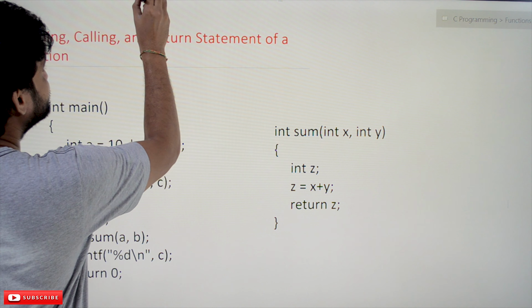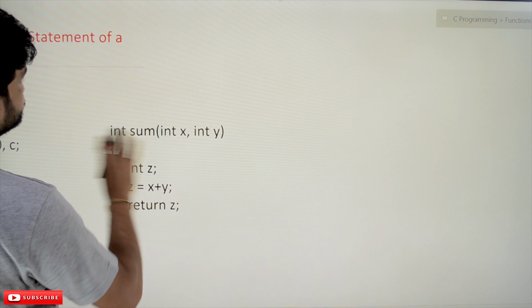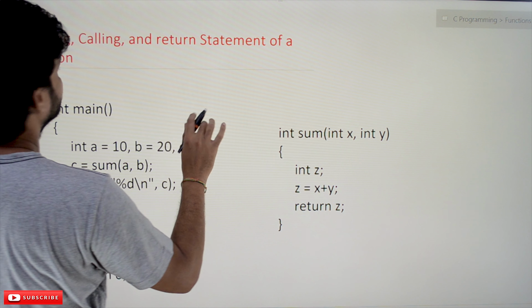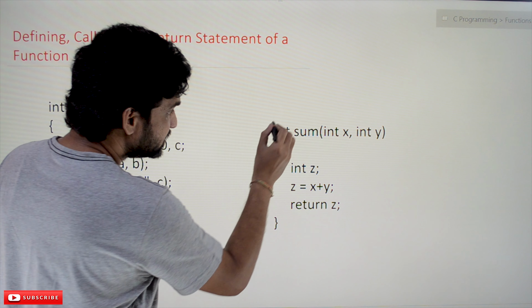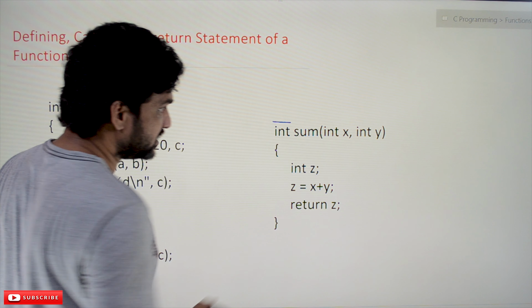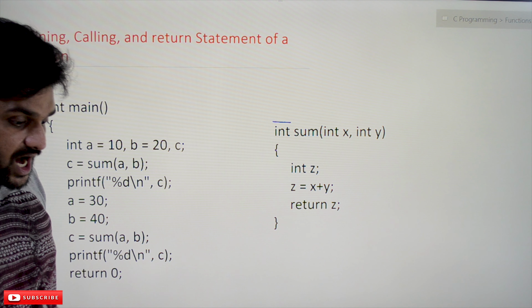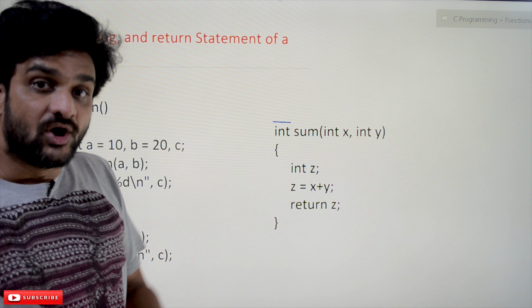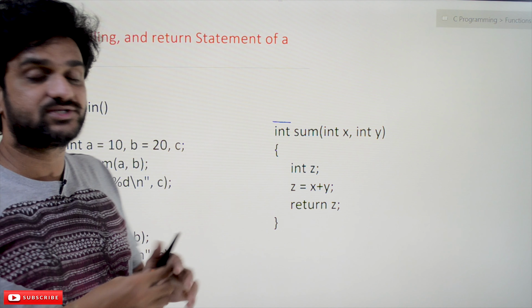So the important points of defining a function is, this is a return data type. What it means is, after completing the execution of the function, what kind of value the function is returning. So what is the use of a function?